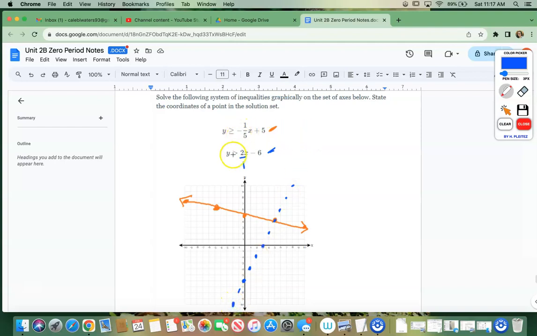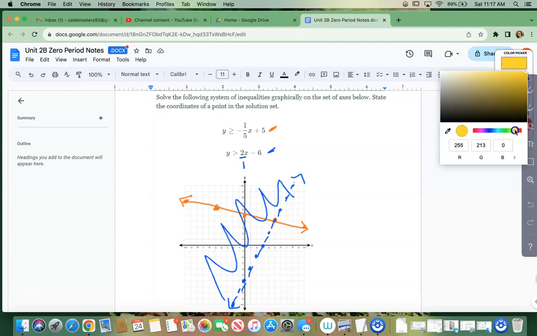Okay, so then it is a greater than, and so we need to make it dash, not solid. And these are both greater than, right? So we need to make it above this one. So above this one would be this way. And above the orange one would be, let me get my orange-ish back.